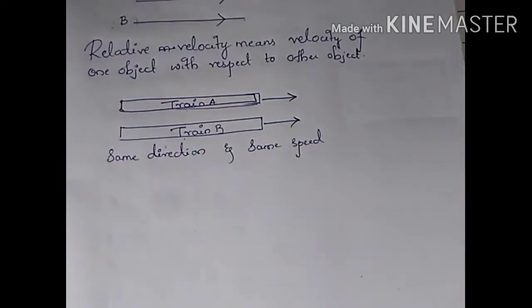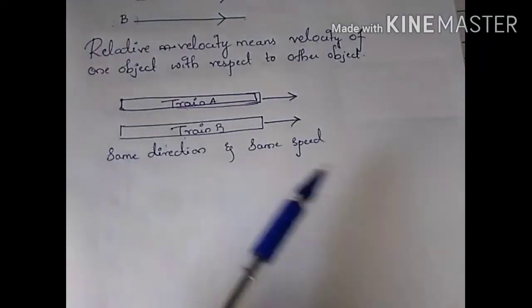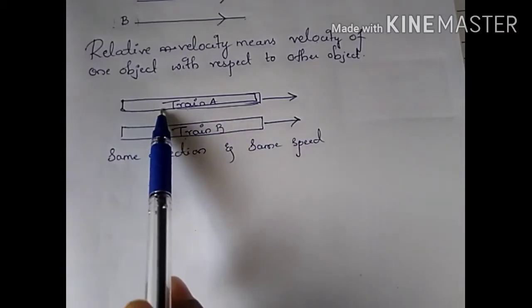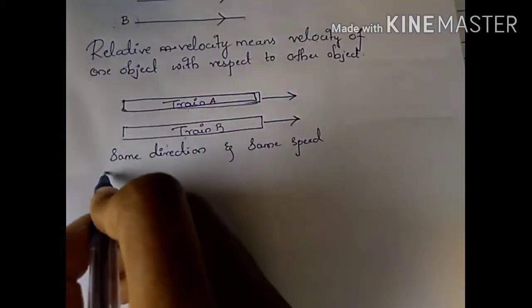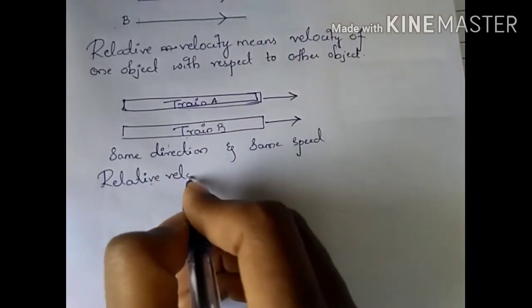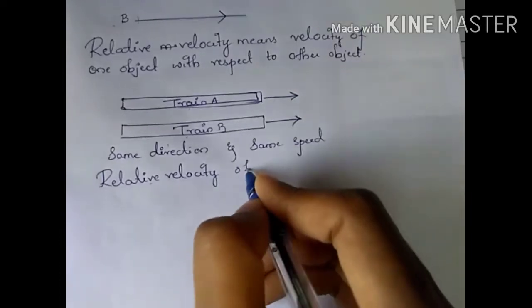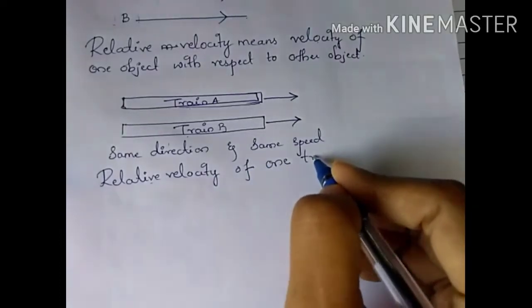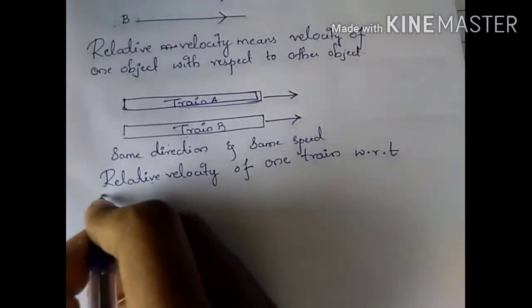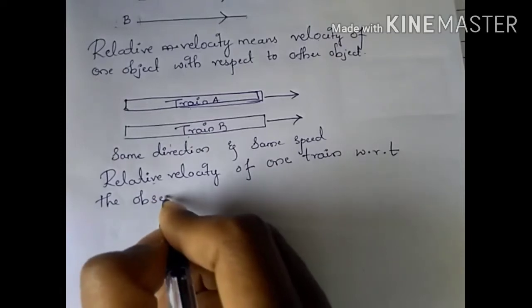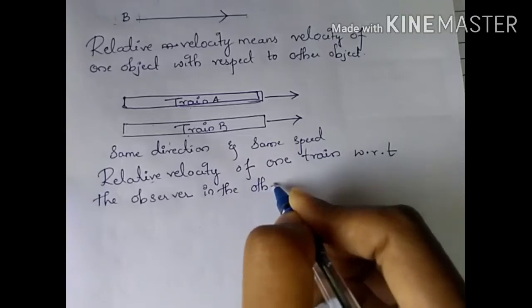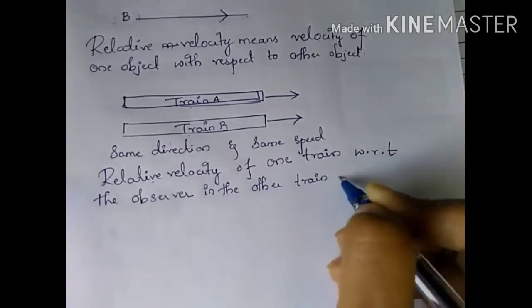So now, in this case, the relative velocity of one train with respect to the observer in the other train is 0.